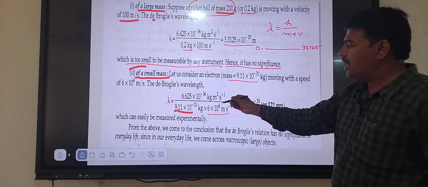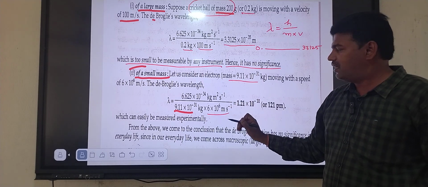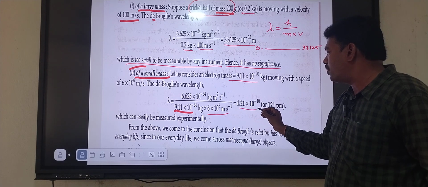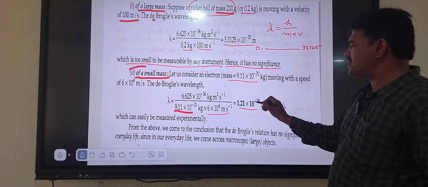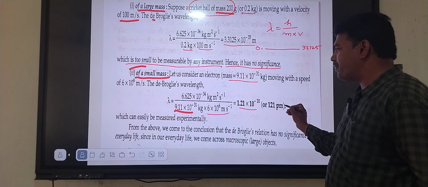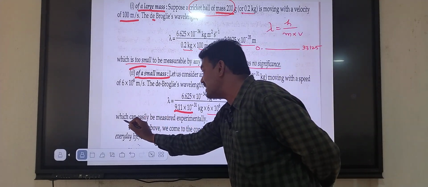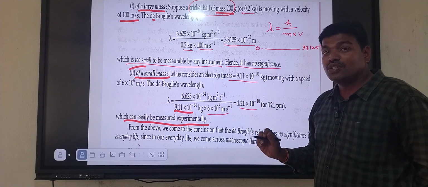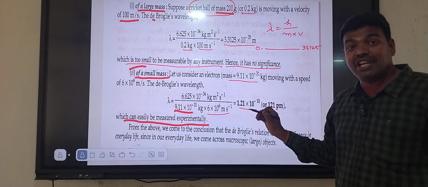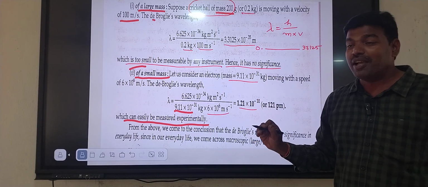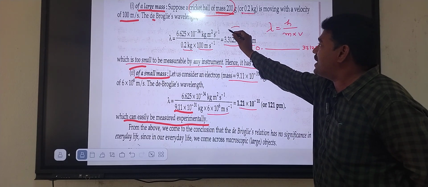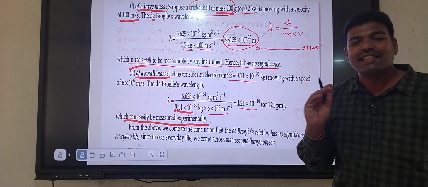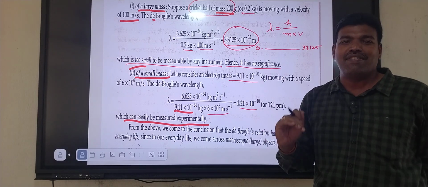When we simplify this, it comes out to be 1.21 into 10 to the power of minus 10 meters, which is nearly 121 picometers, which can easily be measured experimentally. So this wavelength can be measured accurately, but in the case of the cricket ball, the wavelength cannot be measured accurately. That's why we ignored that wavelength.